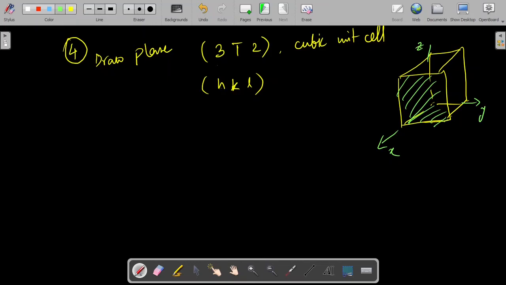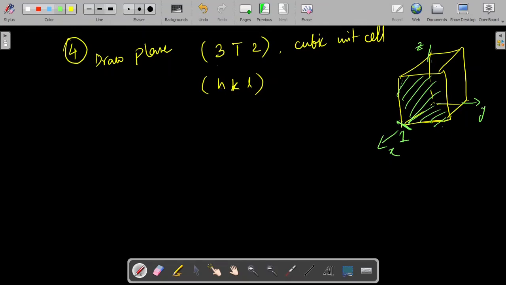So this plane is having an intercept on the x-axis here. So that means at 1. And it doesn't cut or intercept the y and z axes.